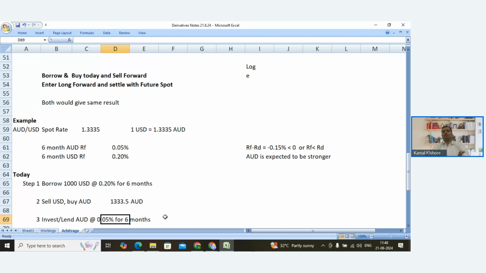What will be the first step on the future date? How much will be the value of the AUD investment?